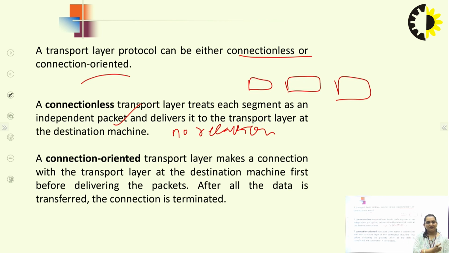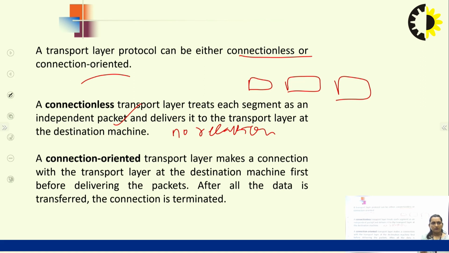We are sending a message from the sender side and delivering it to the transport layer at the receiver side. There is no sequence number in a connectionless protocol, which is a connection control mechanism used in the transport layer.